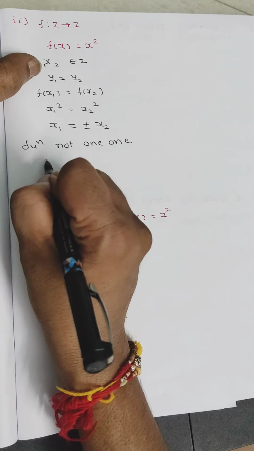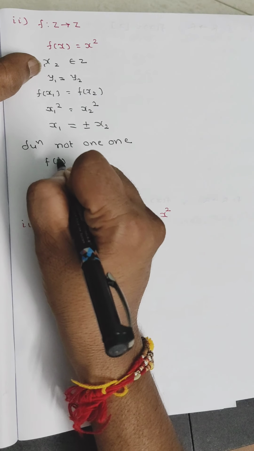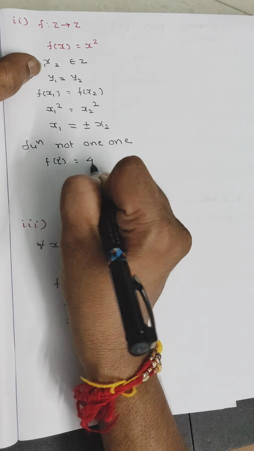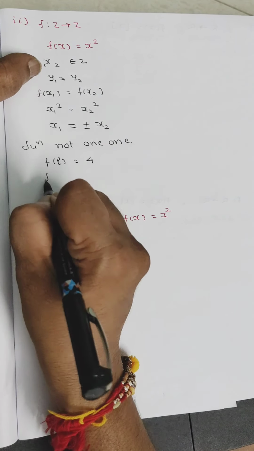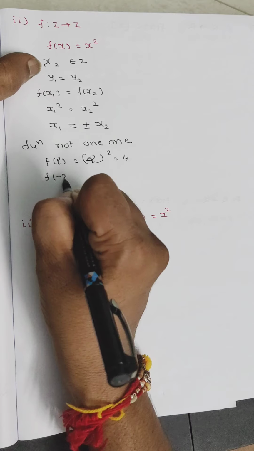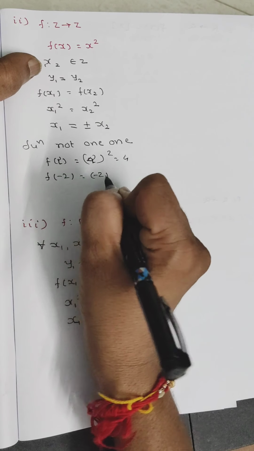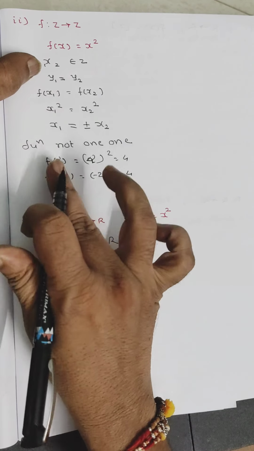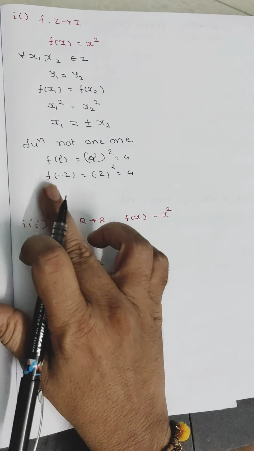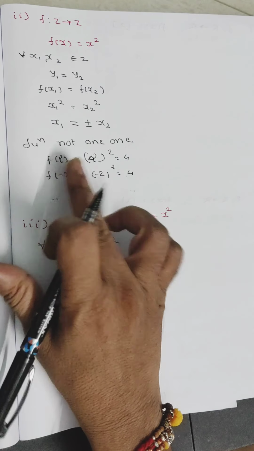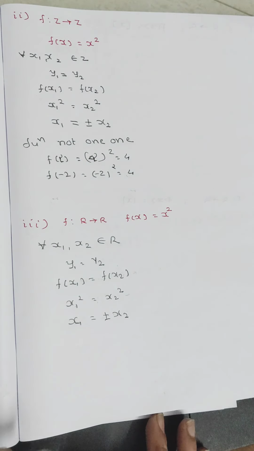For example, if I put 2, the answer is 4, and even if I put minus 2, minus 2 square is also 4. So for 2 it is 4 and for minus 2 it is also 4. So this is not a one-one function.